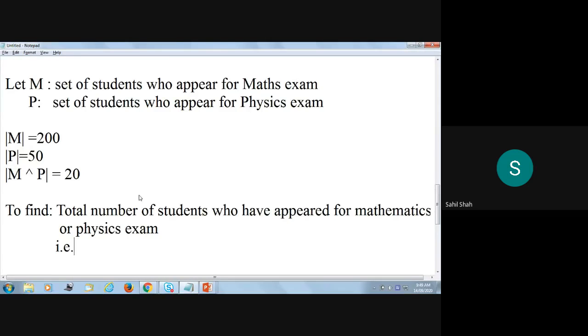That is, we need to find the cardinality of M union P. This is unknown, that we have to find. Okay.